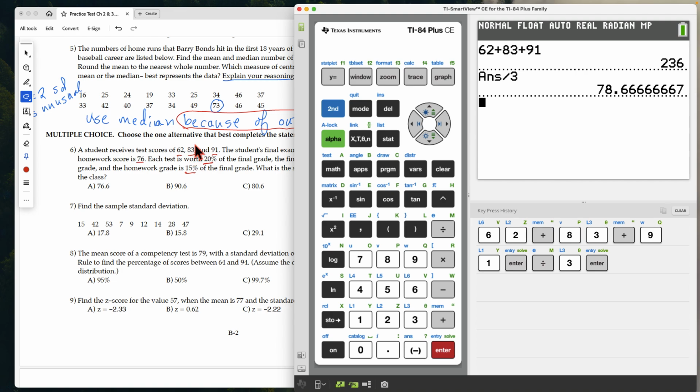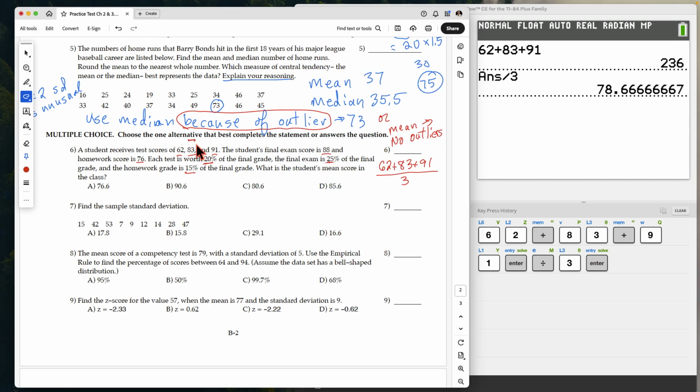So that's as if they had just one test here, 78.67. I'll round it like that. And then to get the weighted mean, we take all the scores times their weights.